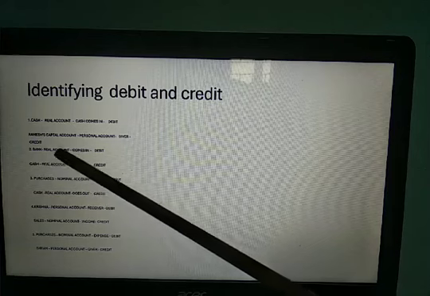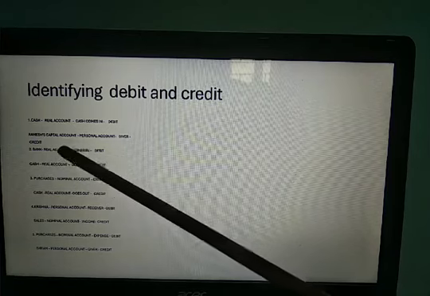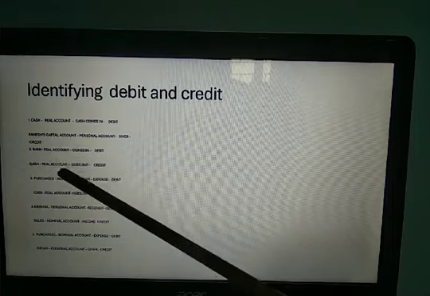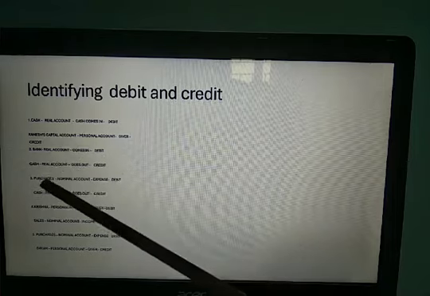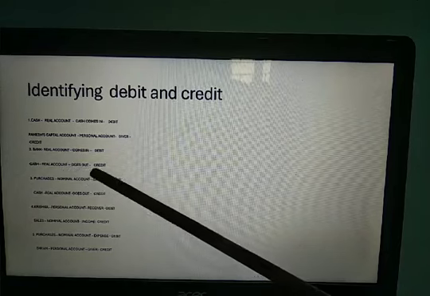You know that the bank account is a real account. As per the real account, when you are depositing into bank, cash is coming to your bank, so a real asset is coming in. That's why it is debit. And when you are depositing cash into bank, your cash goes out. Cash also is a real account, and in the real account concept, what goes out is credit.